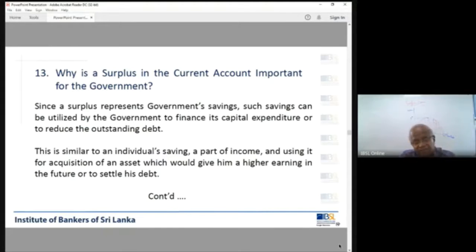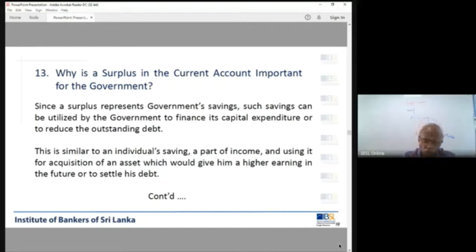If there is a surplus in the current account, you can use that money to finance capital expenditure, government investment. Number one. Or you can use this money to settle the outstanding debt. There are two things.